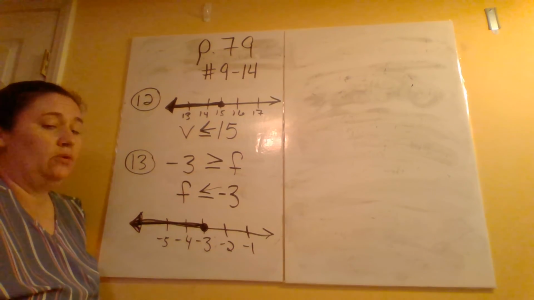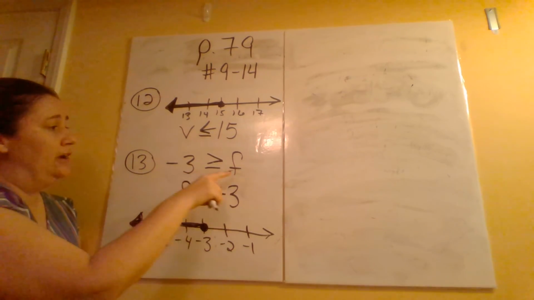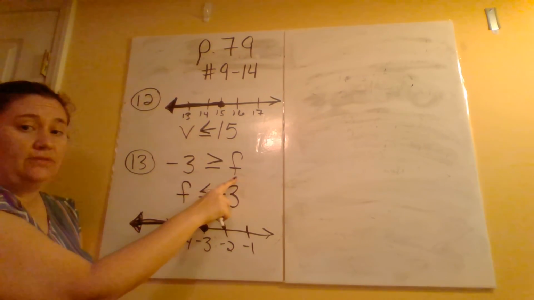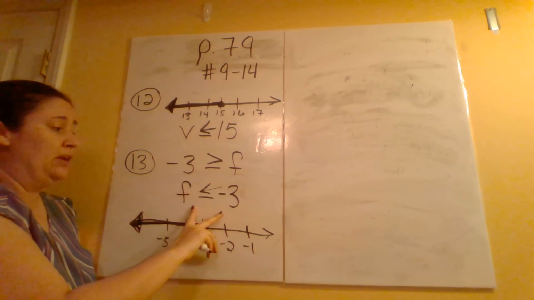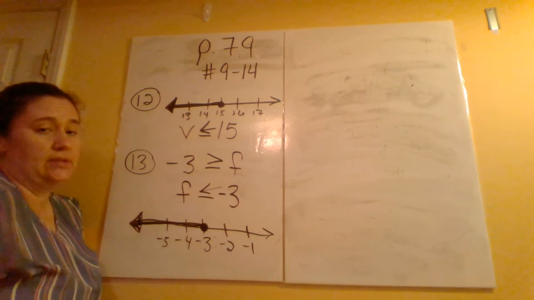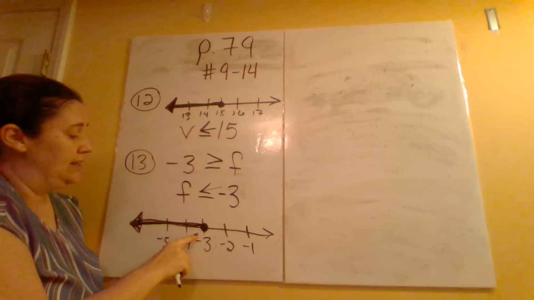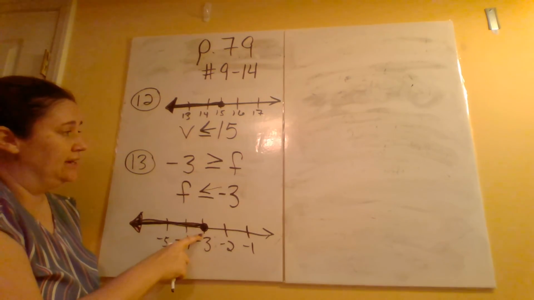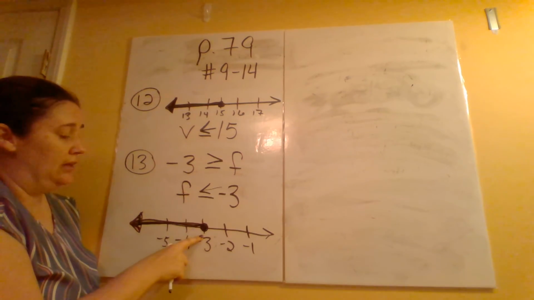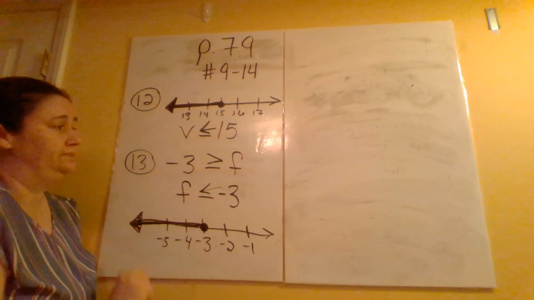So that is the inequality. So once again, if the variable is on the right side of the inequality, you can flip it over, but you also have to flip over the sign. This represents all the numbers that -3 is greater than or equal to.